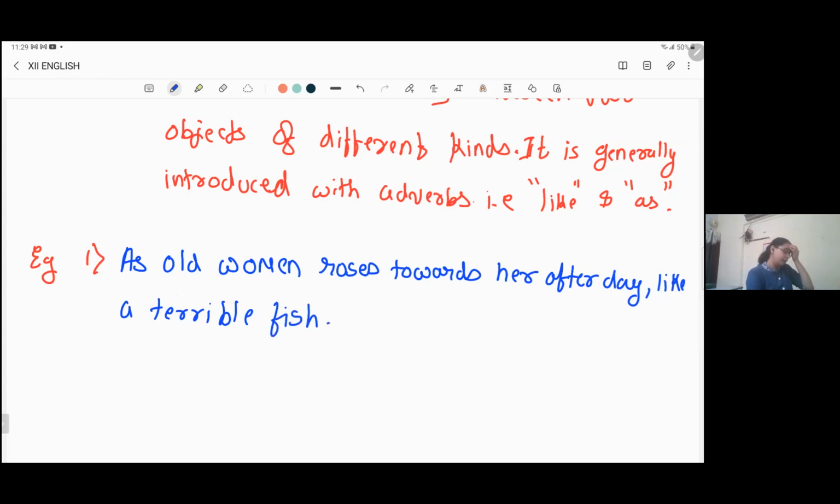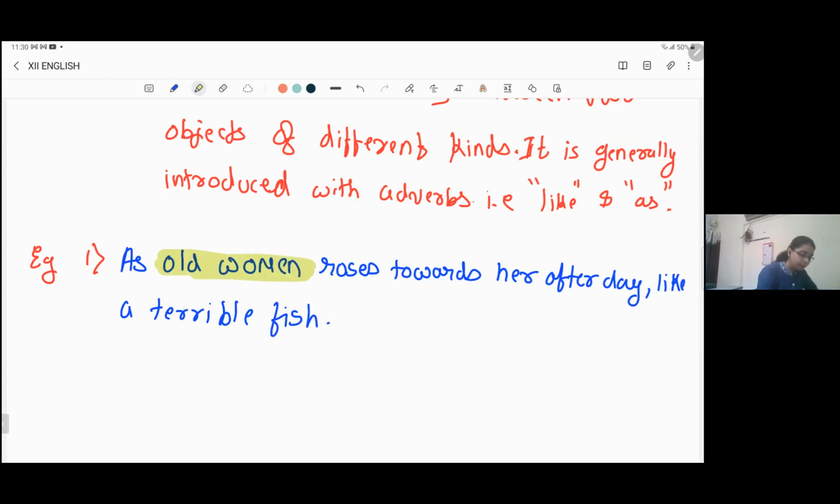Like terrible fish. Clear? Now, old woman is compared to whom?